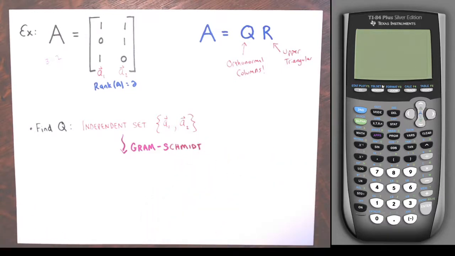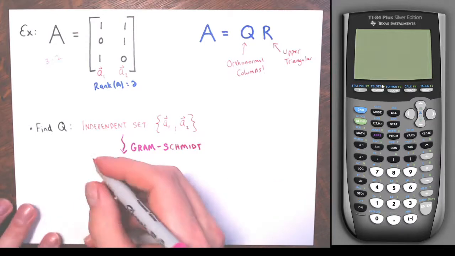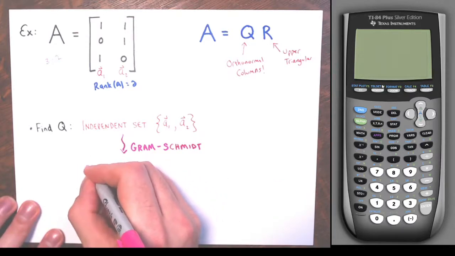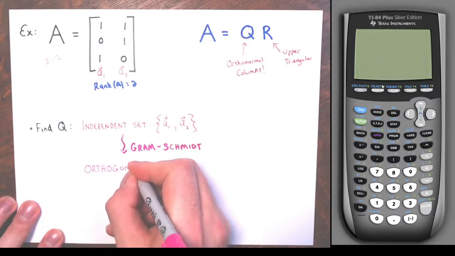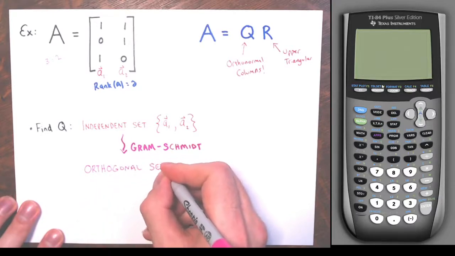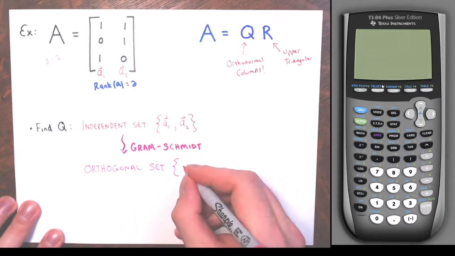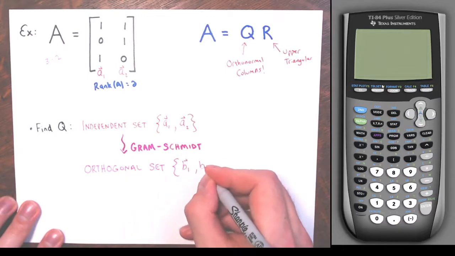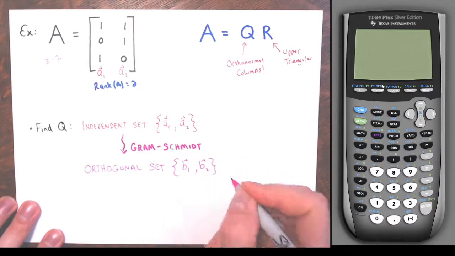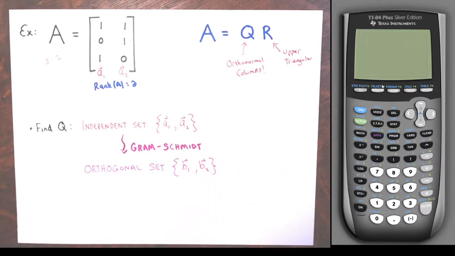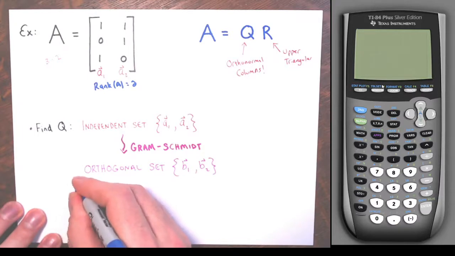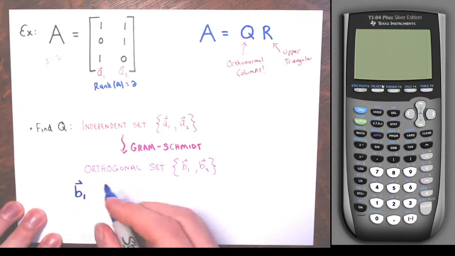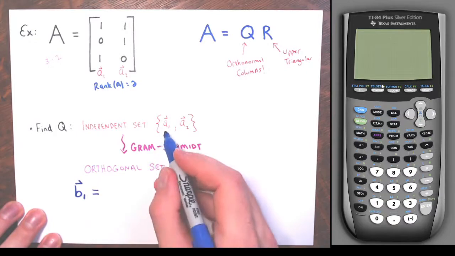All right. So I'm trying to create, let's make an orthogonal set first, say with vectors b1 and b2. Just like last time, remember how that goes. b1, the first vector in this orthogonal set, is simply going to be the first vector from the independent set.